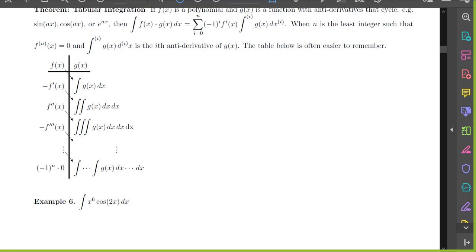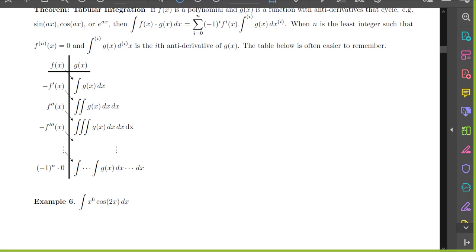So what it says is we put f and g in the table, where f is the function that we're going to take the derivatives of, and g is the function that we're integrating. So f is u, and g is dv. We differentiate down the first column, and we integrate down the second column.